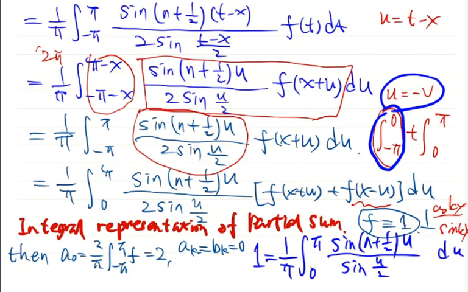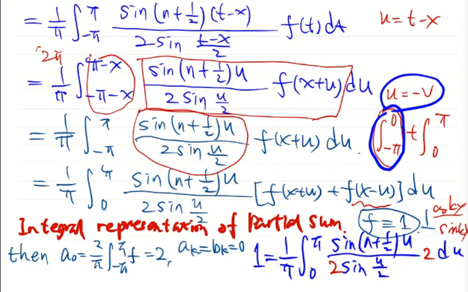Maybe I keep the 2 here. So in this case, f equal to 1, f(x plus u) plus f(x minus u) are 2. So we have a 2 here. Okay. So this is a very useful result.